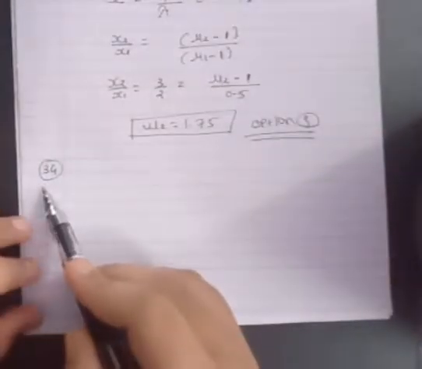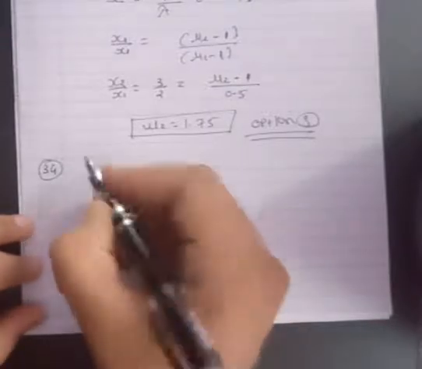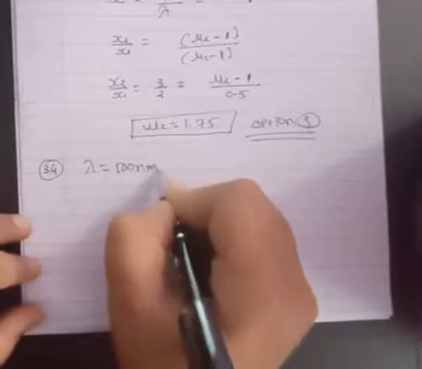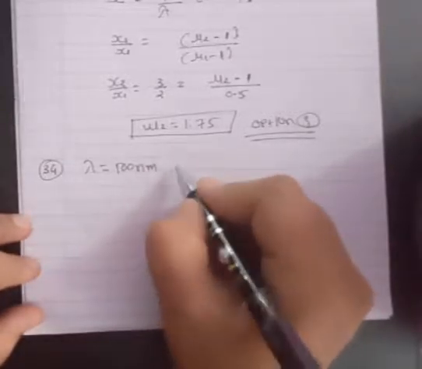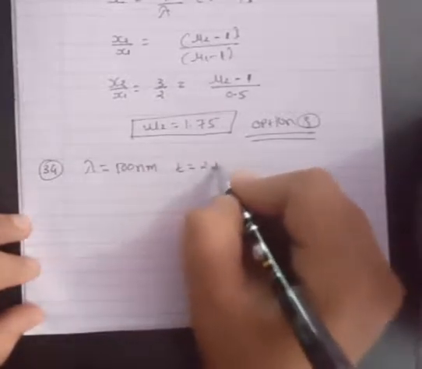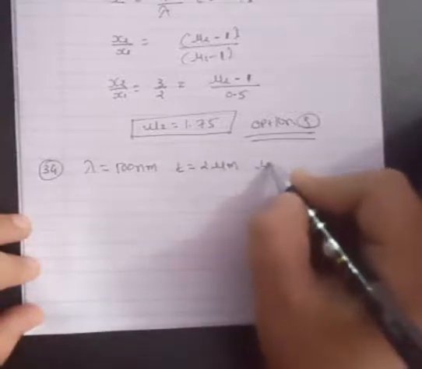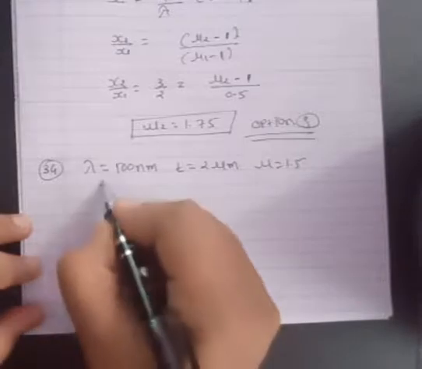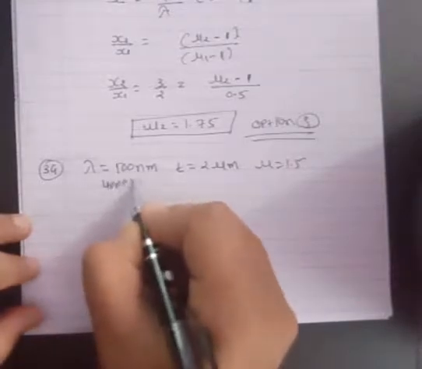In question number 34, in a double slit experiment, the wavelength of light used is 500 nanometer. A thin film of thickness 2 micrometer and refractive index 1.5 is introduced in the path of the upper beam.